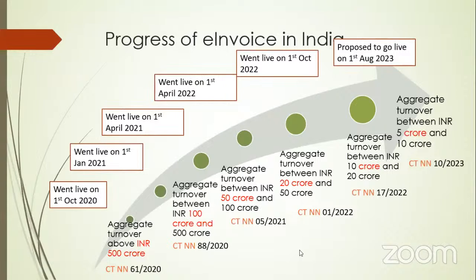After that, it was introduced for businesses exceeding turnover 100 crores, then for 50, 20, 10, and lastly, it has been brought for 5 crores, and it is proposed to go live from 1st of August 2023 via notification number 10 of 2023.